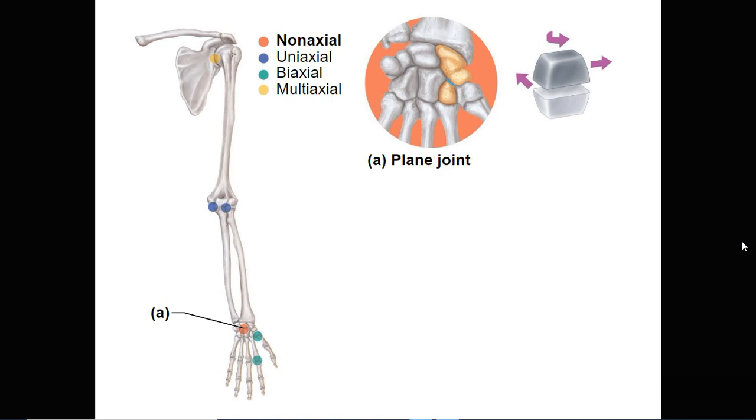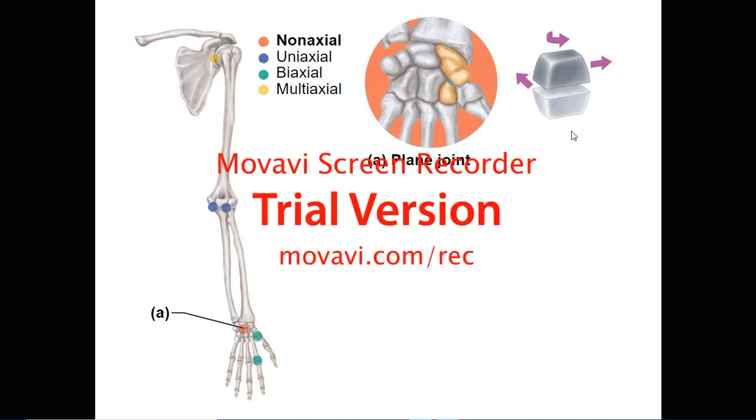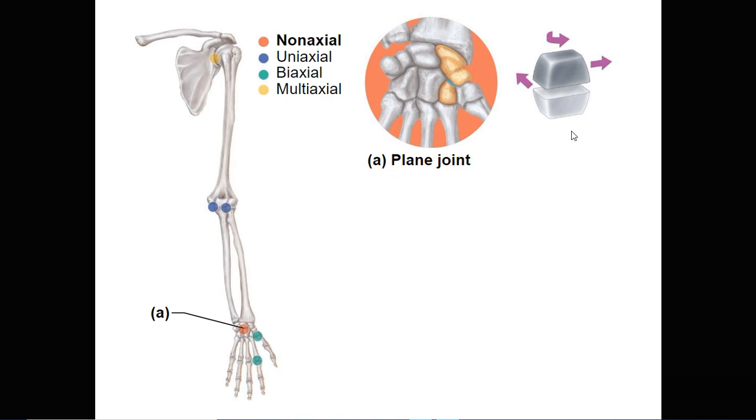The gliding movements occur at the intercarpal joint, which this figure is showing, also in the intertarsal joints in your foot, and between the flat articular processes of the vertebrae. That's where you find non-axial or gliding movement.